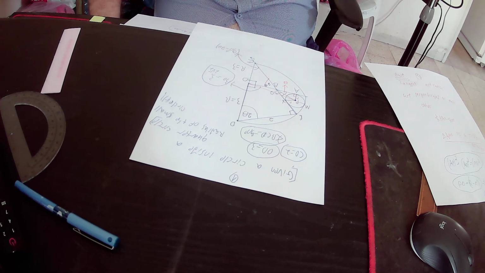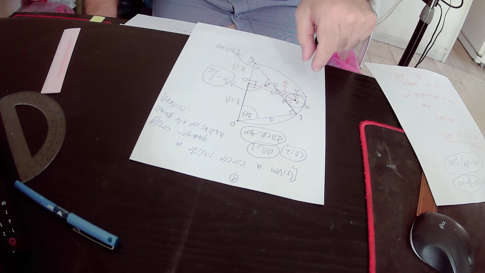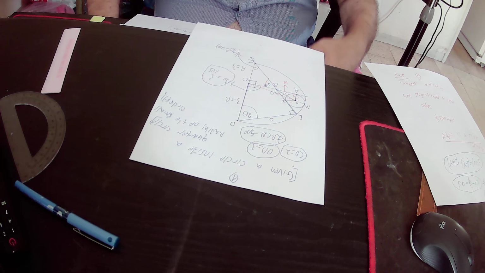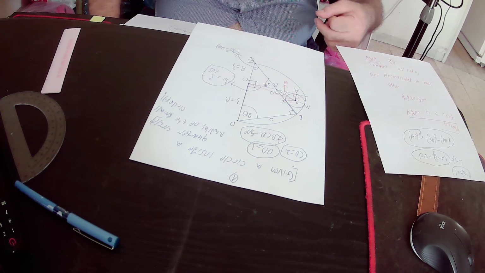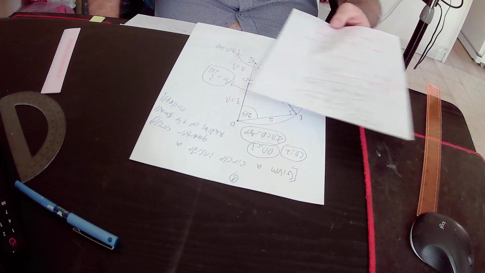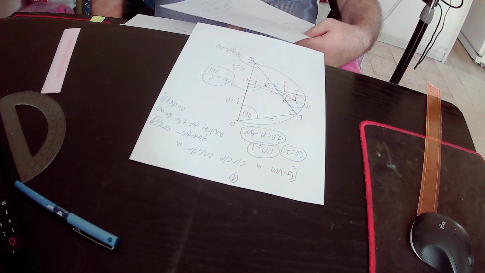So PO equals MO, that is capital R, minus MP, that is small r, or capital R minus small r equals OP, and capital R equals 3, so OP equals 3 minus r. Okay, so PO square will be actually 3 minus r square.